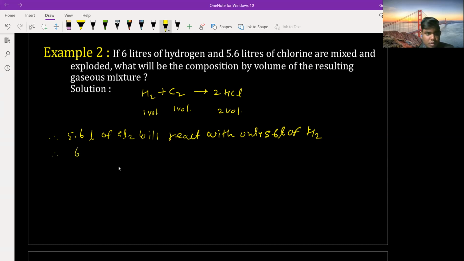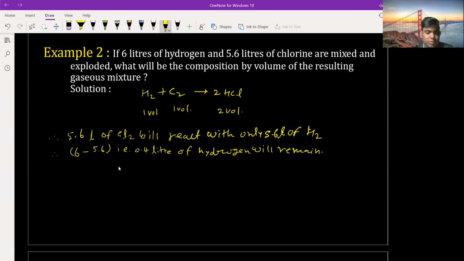So 6 minus 5.6, that is 0.4 liter of hydrogen will remain unreacted.